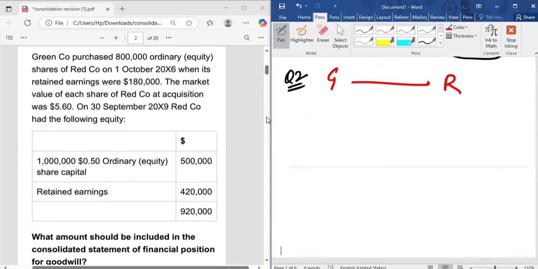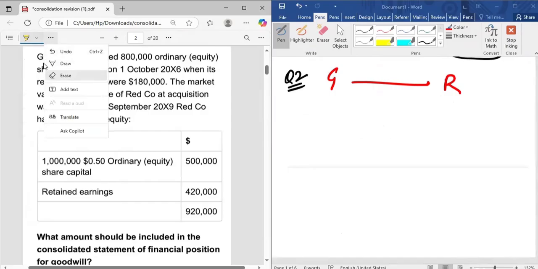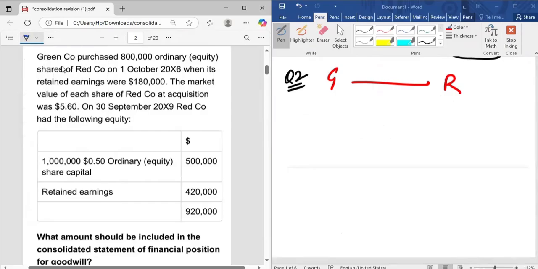Now see, 8 lakh ordinary shares, or I can say 0.8 million ordinary shares, Green company has acquired. And what is the total share capital of Red company? See, 1 million, or I can say 10 lakh. So out of 10 lakh shares, Green company has purchased 8 lakh shares. So I can find out the percentage.